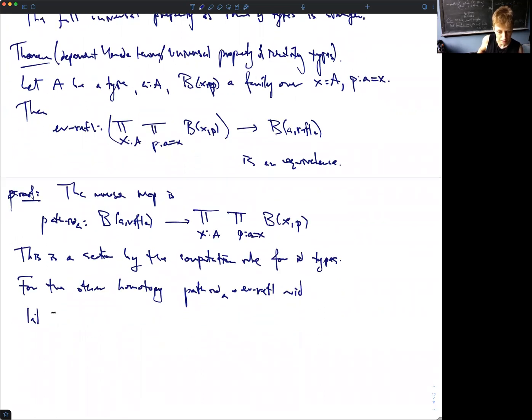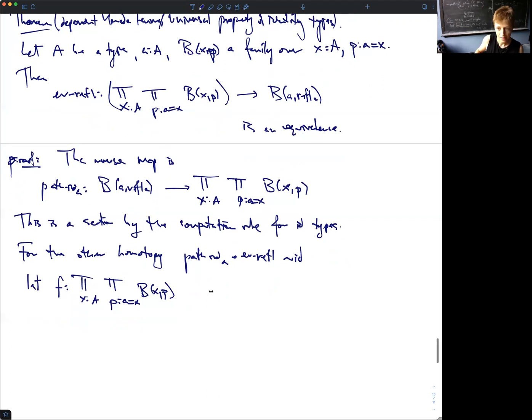So I'm going to consider a term in the domain. That's an F, which is a function that takes an X and an identification P and produces a term of type P X P. So we require an identification then between path induction applied to F evaluated at a, refl a.